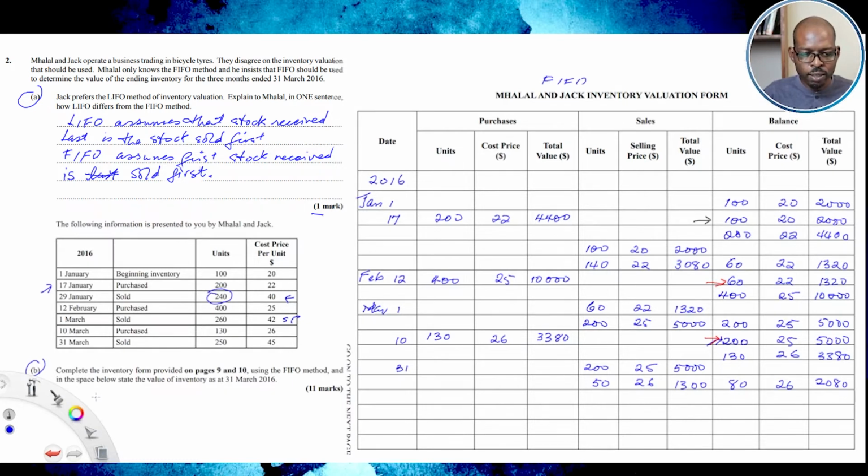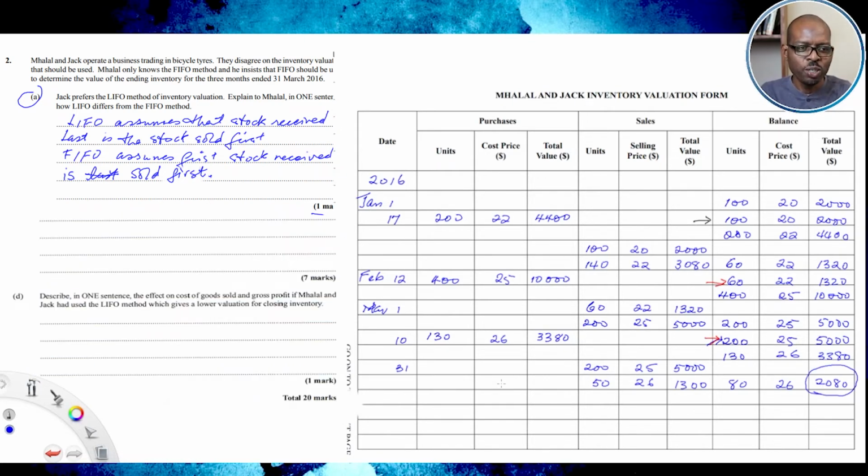And so we can see the value of ending inventory at 31st March 2016 is $2,080.